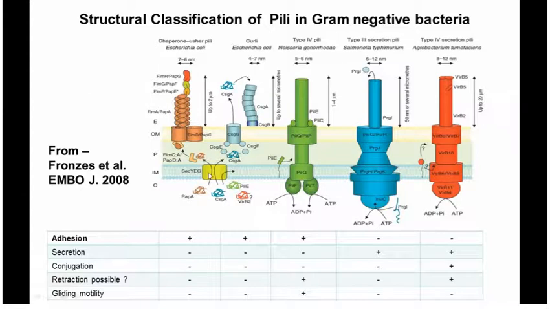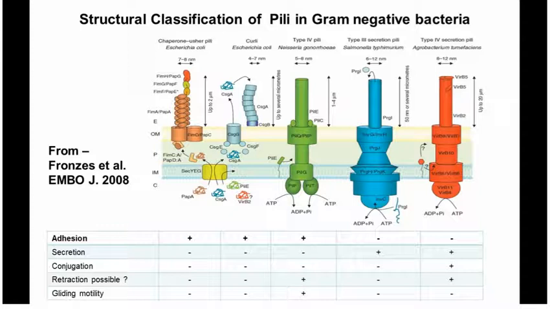The only thing that's important here is that the components of the filament, they're exported into the periplasm, and then they polymerize in the outer cell membrane for chaperone usher Pili, or they're exported outside the cell and add on to the extremity of the pilus for curly. So the biosynthesis occurs on the outer membrane or outside the cell.